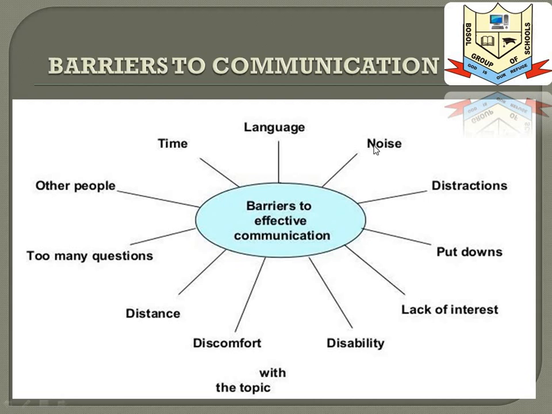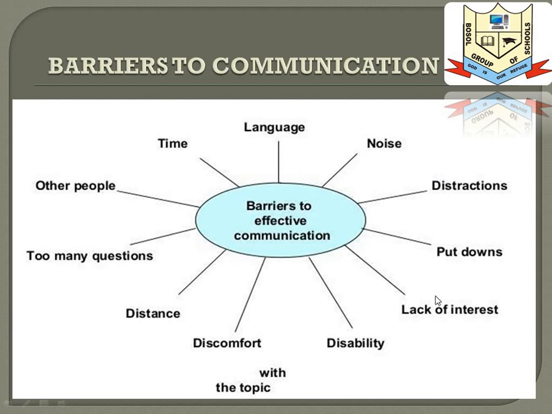Then noise. Noise is a very common barrier to communication, even in classes, at home, all over. When you have noise, communication cannot have feedback or cannot really take place. We have distraction. When one is absent-minded, one will not be able to get the message properly.